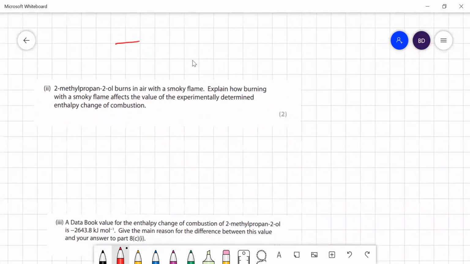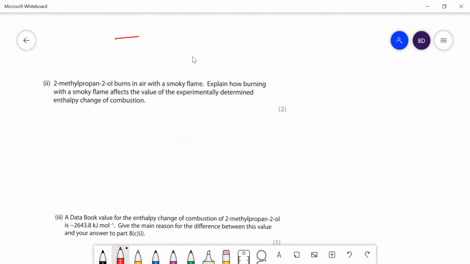2-methyl propan-2-ol burns in air with a smoky flame. Explain how burning with a smoky flame affects the experimentally determined enthalpy of combustion. Well, a smoky flame means that you're getting incomplete combustion. Because you're not getting CO2, you're getting some solid carbon.